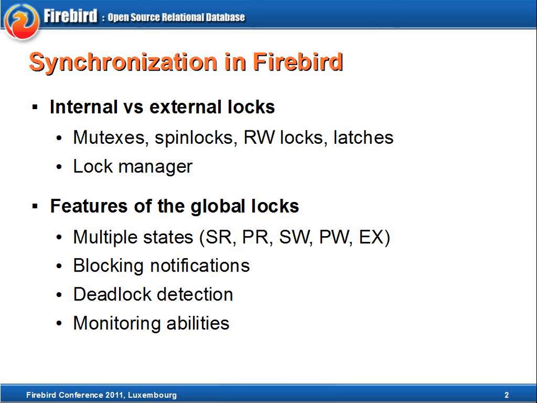The lock manager supports so-called blocking notifications. It means that if one process, one connection, holds some kind of lock, and another connection also needs to access this resource and tries to acquire the same lock but of a different level, for example, the first process has a shared lock, but the second process acquires an exclusive lock, it means that the first process should somehow allow the second process to have the lock granted. How is it performed? It's done via blocking notifications.